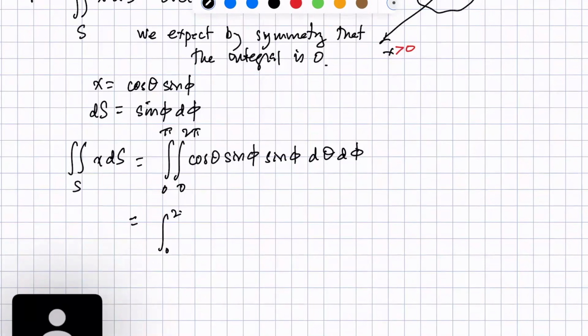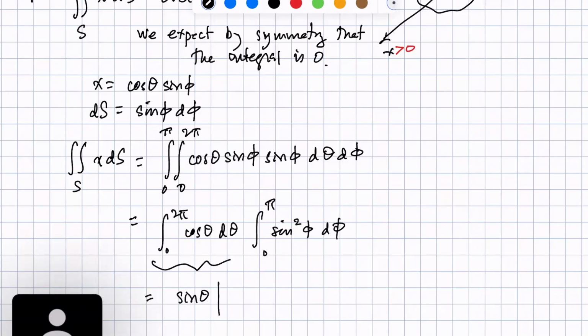Now, I can split these two because I have an integrand that is a product of functions of theta and functions of phi. Now, this guy is non-zero, but who cares? Because this object right here is 0. If you integrate it, you get sine theta from 0 to 2 pi, times, who cares what this is?